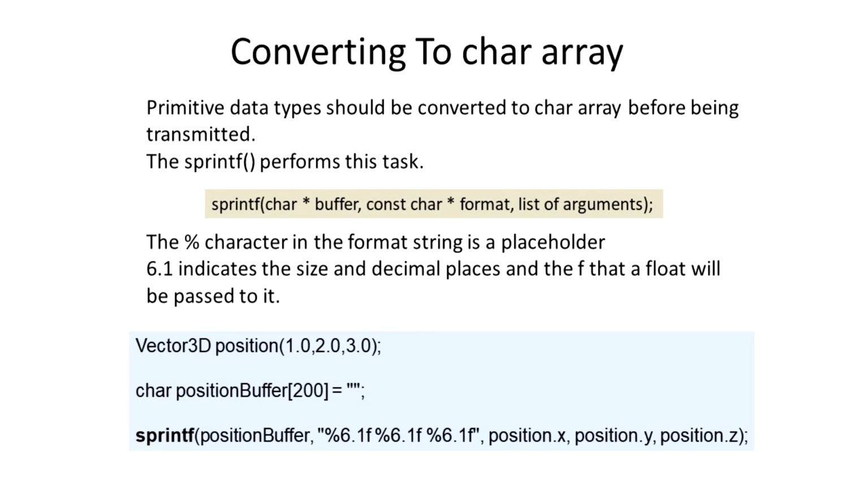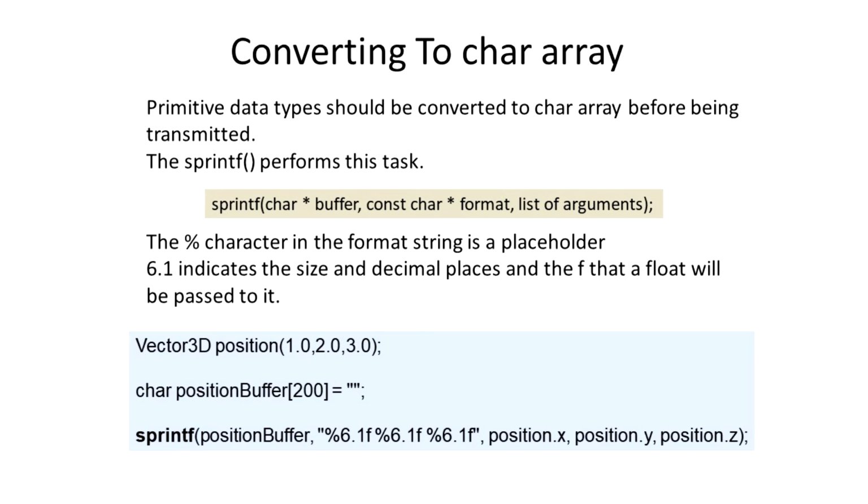We've got %6.1f, and then that's repeated 2 other times as well for the other 2 for Y and Z. Okay, so that %6.1f refers to a single attribute, a data member of the class. So X, Y, and Z were our data members, therefore those will be put in place of those placeholders, and presumably bundled into the array and stored within the array in a special location that can then be reinterpreted and reused at the other side.